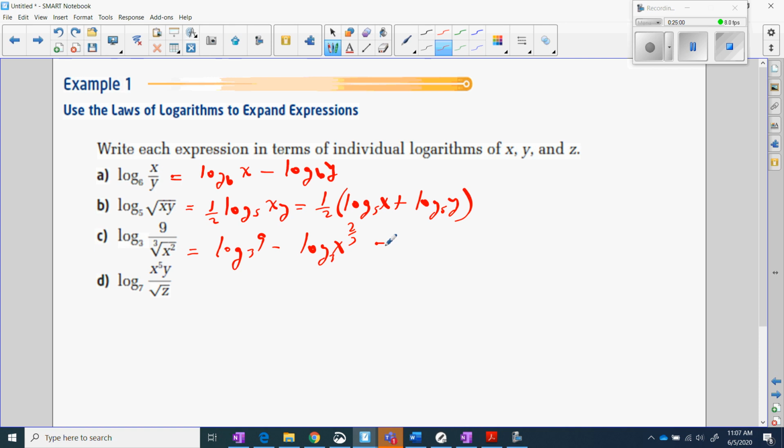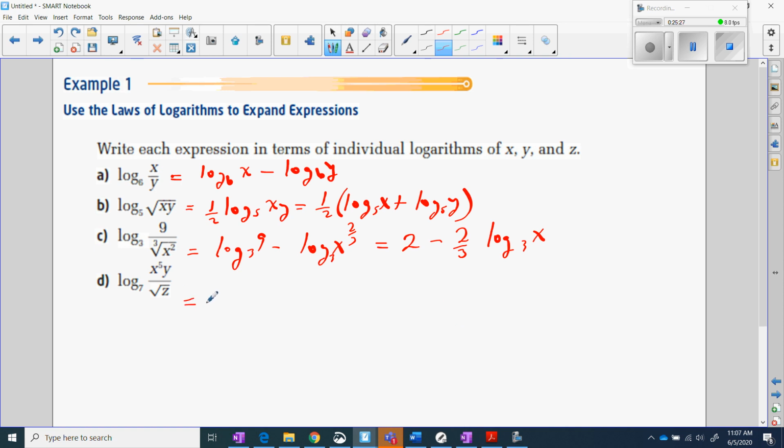I'm just going to keep going sideways here because I don't want to get in front of this one. I could actually figure this out and put a number for it. The log of 9 to base 3. This is saying 3 raised to what power gives you 9? That's a 2. This one wants just log x. It doesn't want x to the 2/3. Let's bring the 2/3 out front. And I'd have log of x to base 3.